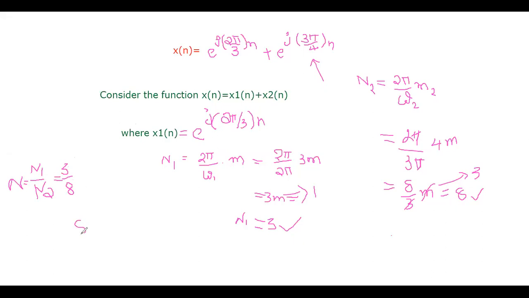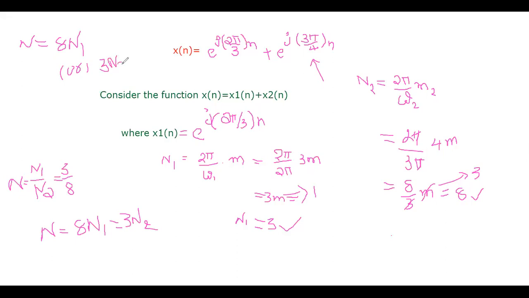So this makes 8 n1 is equal to 3 n2, that is equal to capital N. So capital N is equal to 8 n1, the fundamental time period, or you can also consider 3 n2.